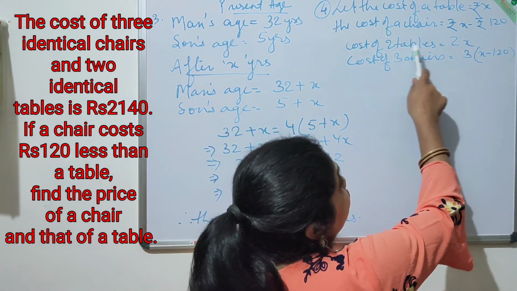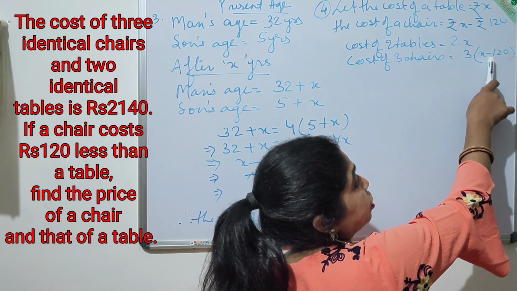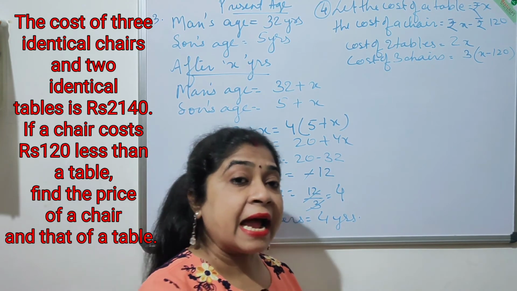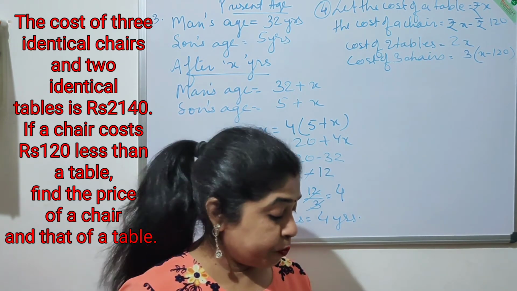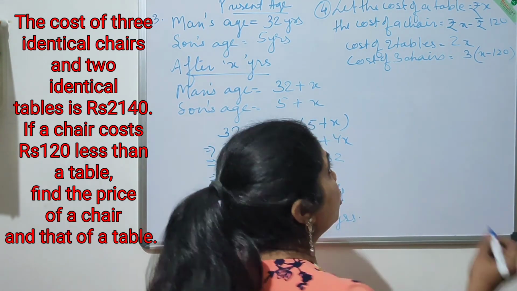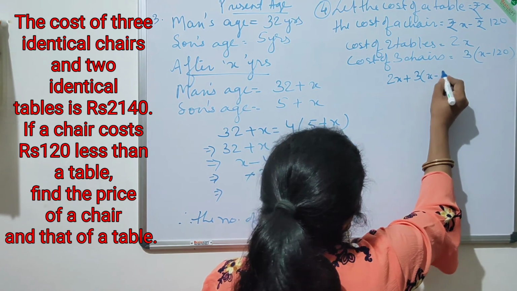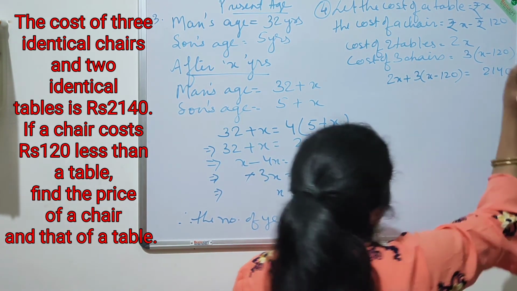So the cost of 2 tables will be 2 into x and the cost of 3 chairs will be 3 multiplied by the cost of 1 chair, which is x minus 120. Now what is given? That together it costs rupees 2140. That means 2x plus 3 times x minus 120 is equal to 2140.